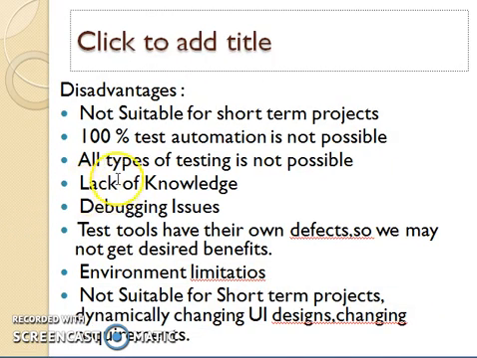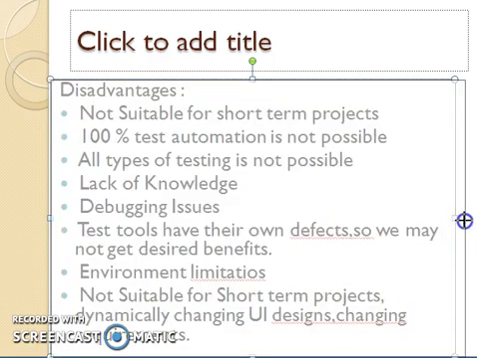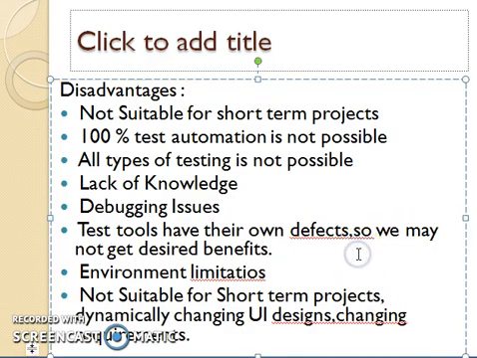Next we will discuss disadvantages. Automation testing is not suitable for short-term projects, and 100% test automation is not possible, so some manual testing we have to do. All types of testing are also not possible. Lack of knowledge means that to use the tool we need proper training, or he should be aware of the features of the tool.